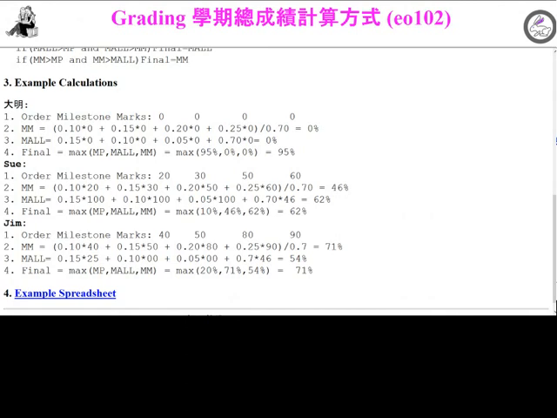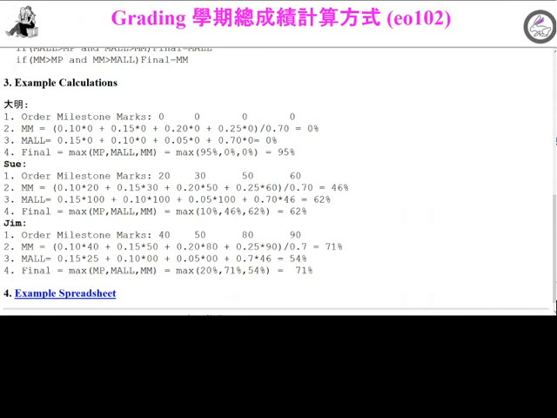We calculate MAll, which gives us 54 out of 100, because he did not do very well in his class mark. When we bring that in, it lowers his marks, so it's dropped down to 54. His pretest mark was also 20%. So his final mark will be the maximum of those, which is 71. So he will receive 71% as his final mark.